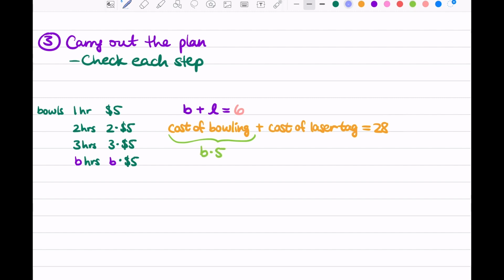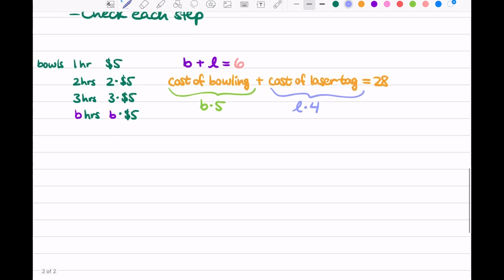In a similar way, laser tag costs $4 per hour, and Simon's going to play laser tag for L hours. So it's going to cost him L number of hours times $4. So let's rewrite these two equations.